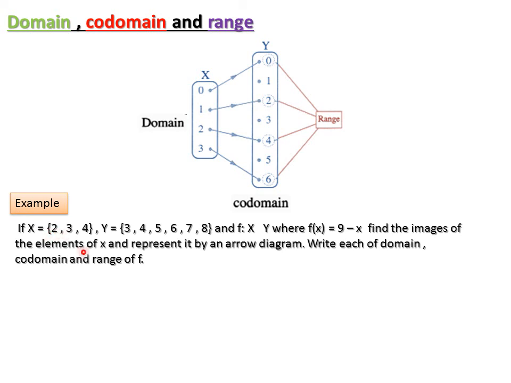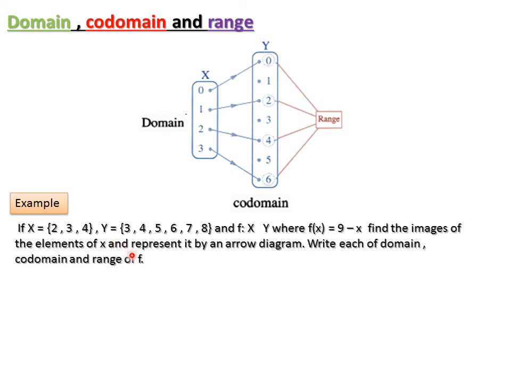If x is {2, 3, 4} and y is {3, 4, 5, 6, 7, 8}, f from x to y, where f of x equals 9 minus x, find the images of the elements of x.